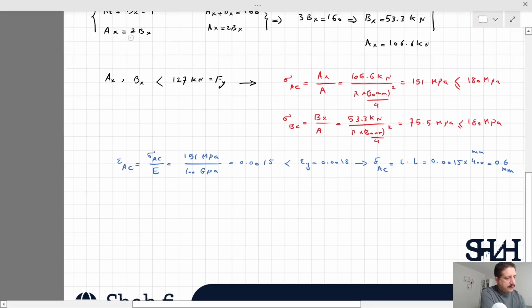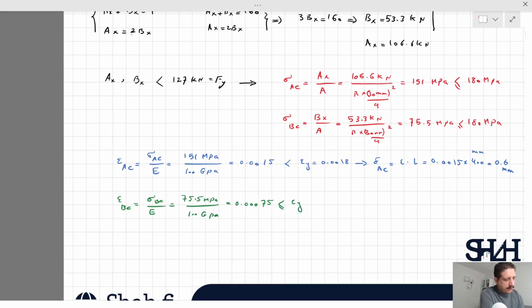Similarly, in the other rod, epsilon BC will be sigma BC divided by E, which is 75.5 megapascal divided by 100 gigapascal, and it will be 0.00075, which is less than epsilon y.